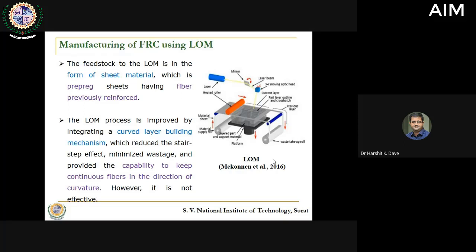Similarly, here also the sheet is cut into the desired form, and then the roll is wound on the waste side, and the new portion comes over it, and again the cutting takes place once it is fixed over it. So this is how this is being carried out.